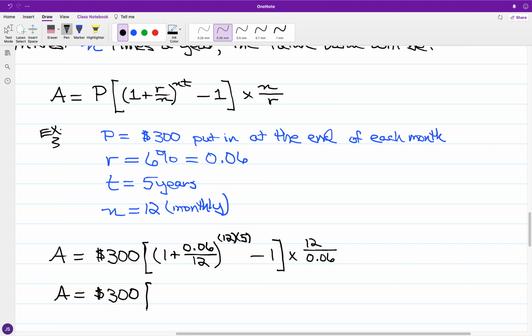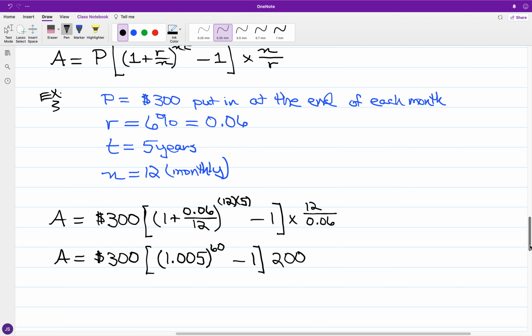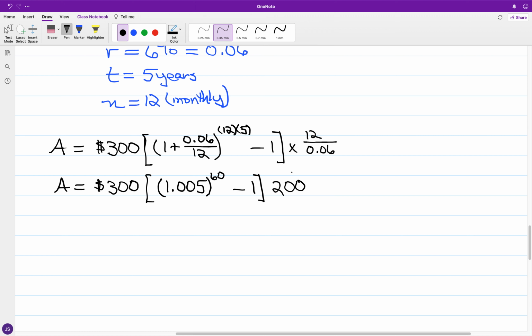Looking at the activity within the brackets, the quantity 1 plus 0.06 over 12 gives you 1.005, and this will be to the 60th power, minus 1. And 12 divided by 0.06 comes out to a whole number, which is 200.